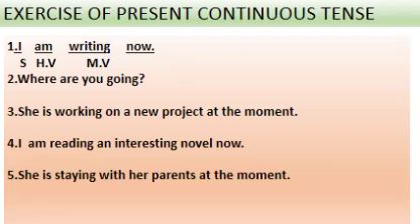Third sentence, she is a subject and with she we always use is helping verb and working is a main verb here. And in fourth sentence, I is a subject and we always use am helping verb with I, and reading is an action verb, main verb.